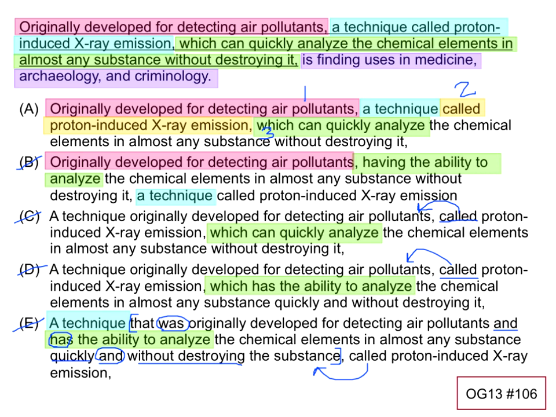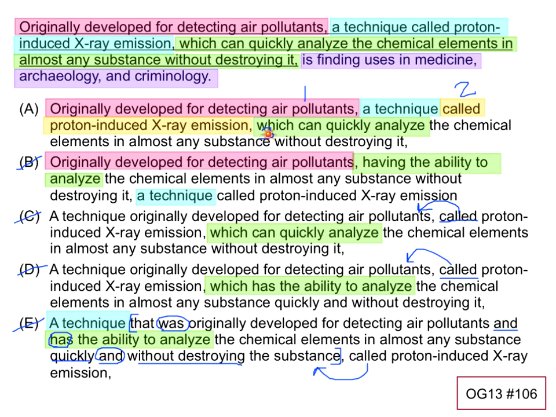I don't know what you're talking about if you don't tell me, if you just say a technique for what? So this guy gets to go right next to technique. "Comma which" is, by definition, a non-essential modifier. They just always are. So that one, it's okay to go a little bit further away. It's non-essential. Put the essential one first, and then stick the non-essential one in there when you need to.